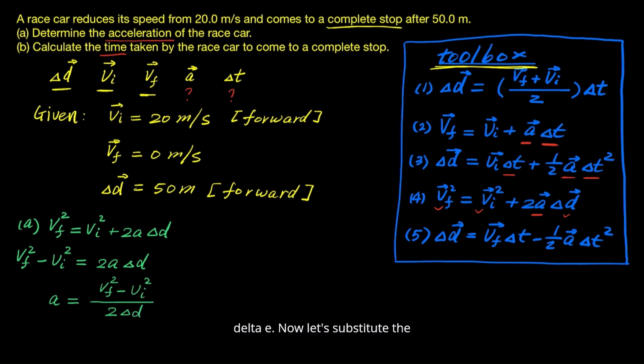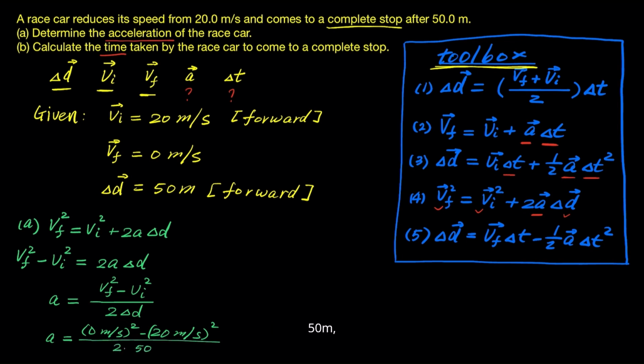Now let's substitute the values. a equals, vf is 0 meters per second squared, minus vi is 20 meters per second squared, divided by 2 times delta d, which is 50 meters.